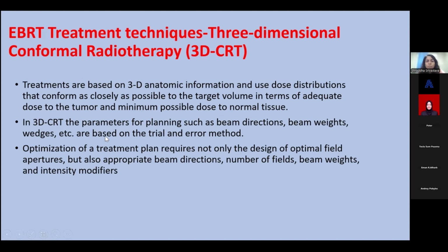So in 3D conformal radiotherapy techniques, the beam direction and beam weight is chosen based on the trial and error method. And then the plan is optimized based on our desired coverage criteria. That is how much radiation has to be given to the patient so that the normal tissues are spared as well as the tumor receives the sufficient radiation dose.